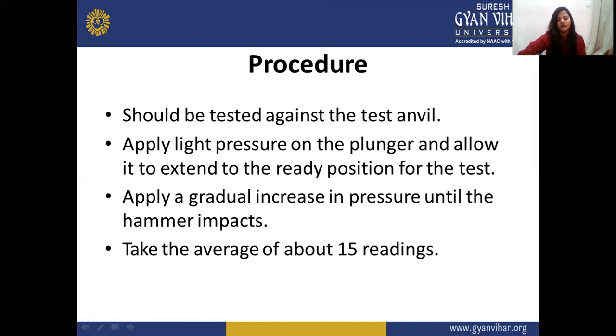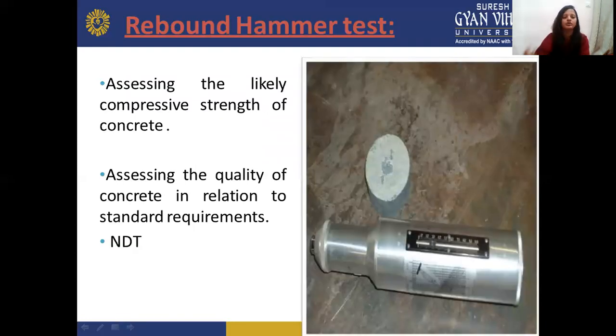Take the average of about 15 readings. So we approximately take an average of 15 readings, assessing the likely compressive strength of the concrete. So we can understand the compressive strength of concrete using this device, and assess the quality of concrete in relation to the standard requirement.